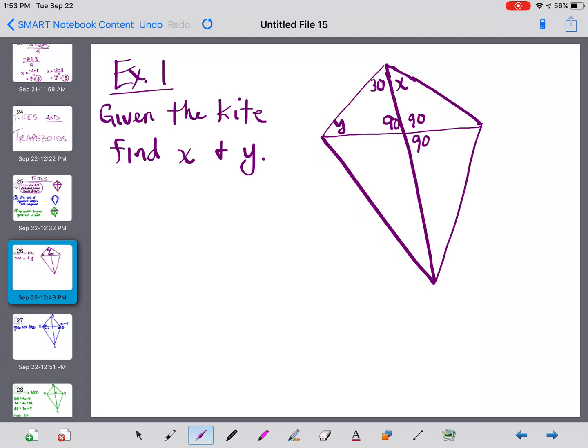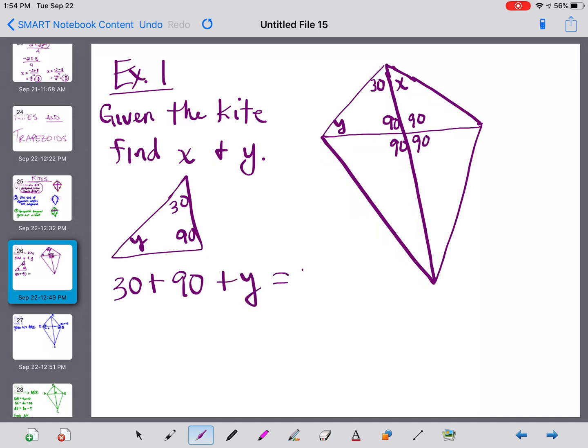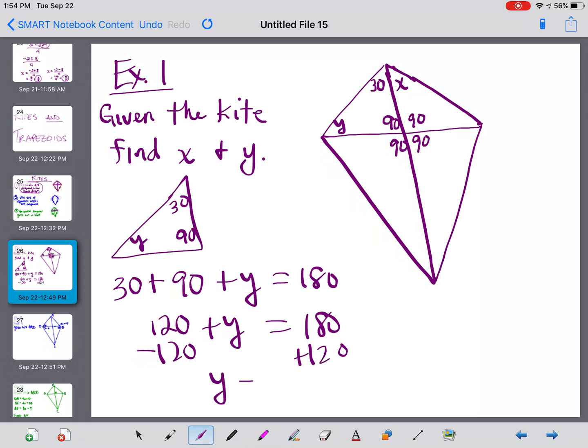It helps me because now I have a triangle that's 30 degrees up here, 90 degrees here, and I know that if I add all three angles in a triangle, they add to 180 degrees. So to solve this equation, I'm going to subtract the 120 on both sides, and I know that my angle measure is 60 degrees.